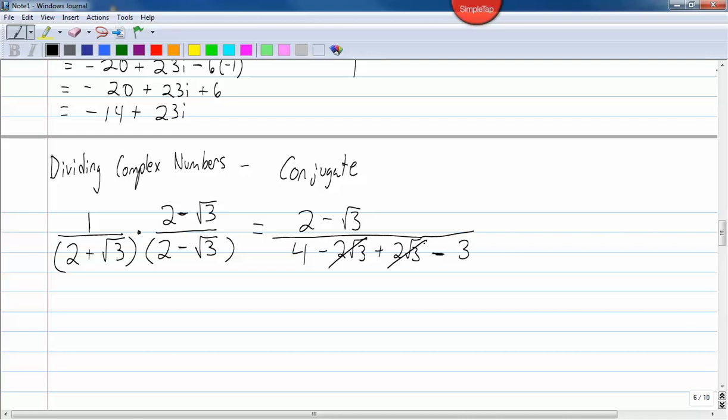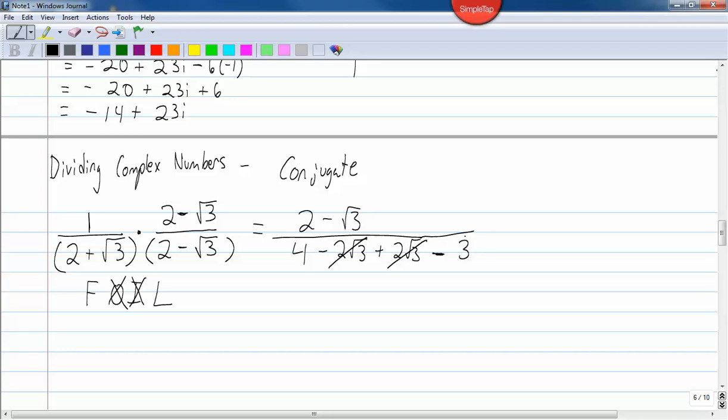That will always happen when you multiply a binomial by its conjugate. The middle terms always cancel out. So you don't really have to FOIL. As a shortcut, if you're multiplying conjugates, you can just multiply the first terms and the last terms.